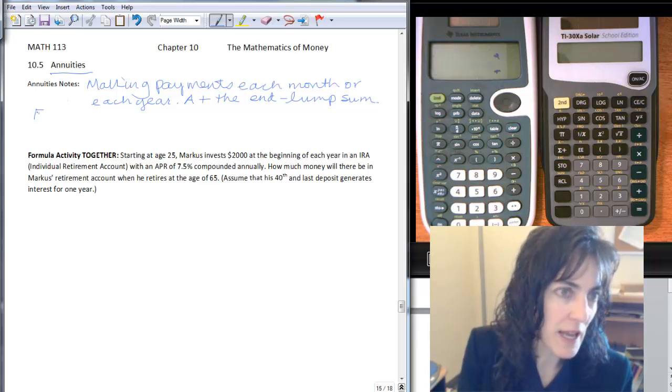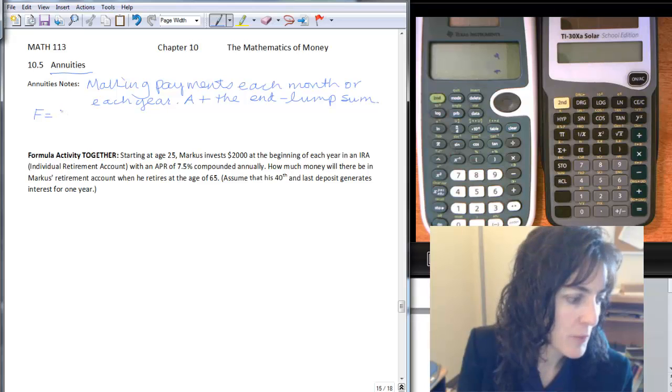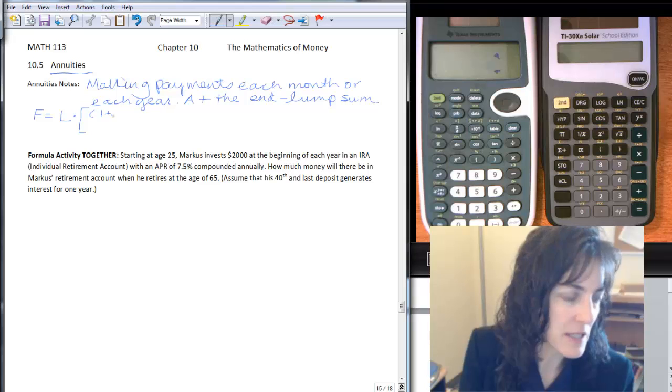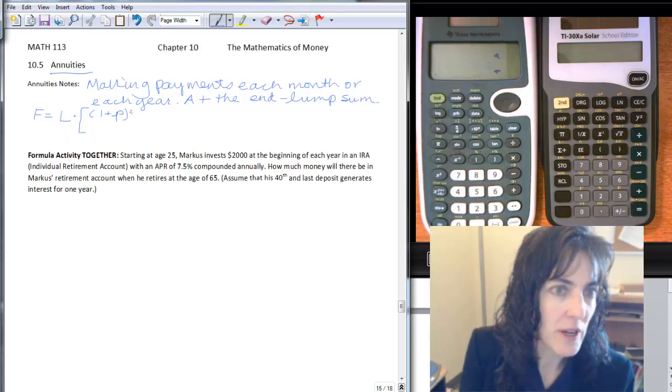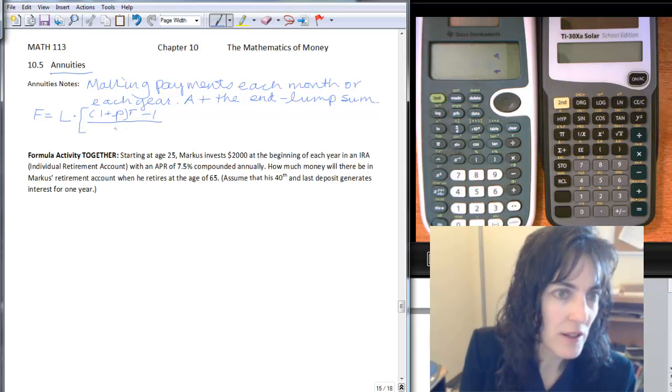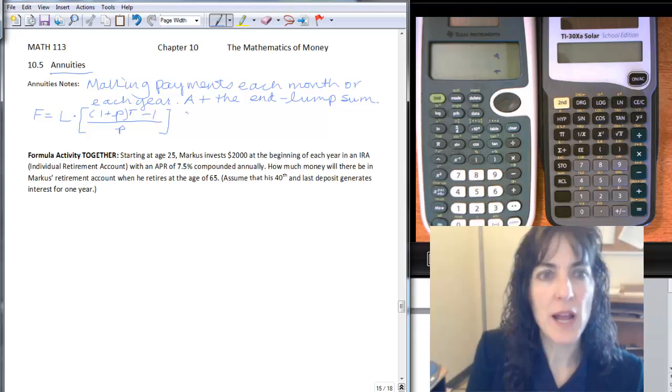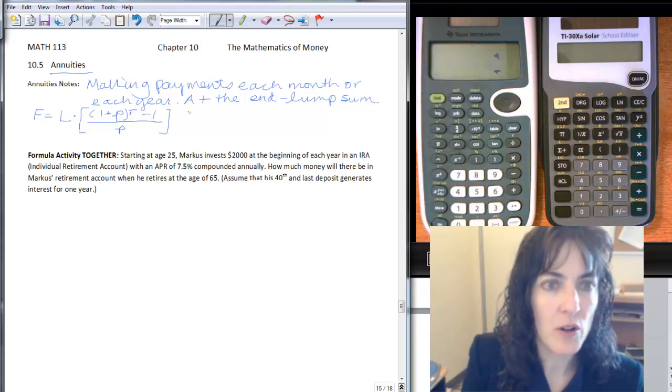So first we'll say F equals L times, and then it's a big quantity, so we use the square brackets, and then we have 1 plus little p raised to the T power minus 1, all of that over little p in the parentheses. So we need to have our little p defined.